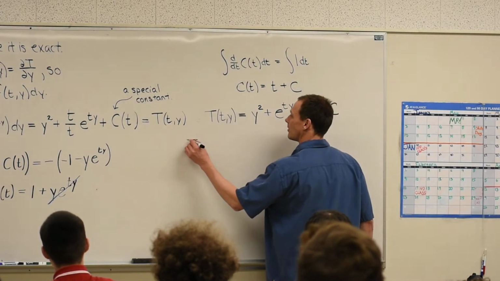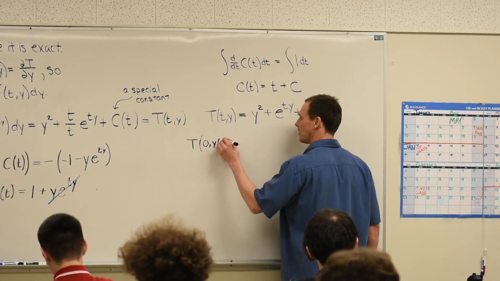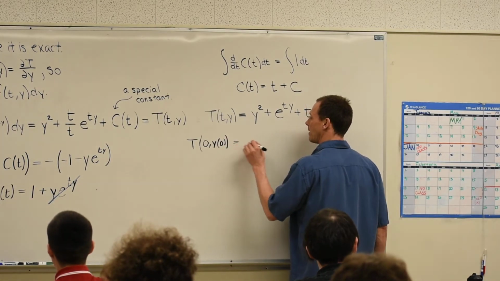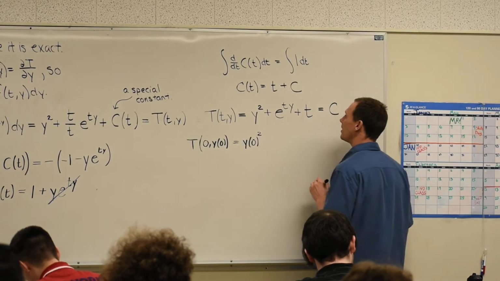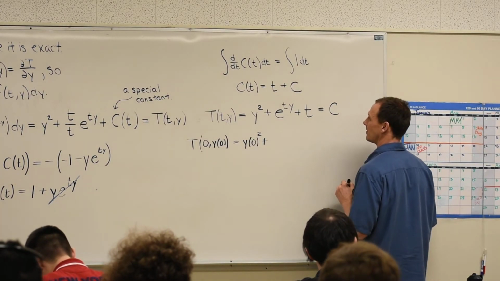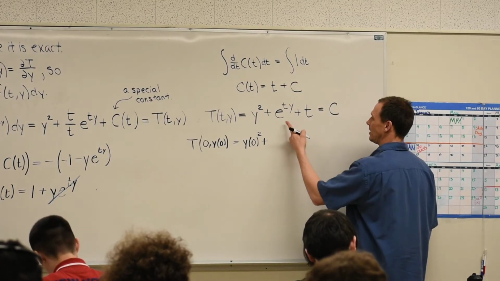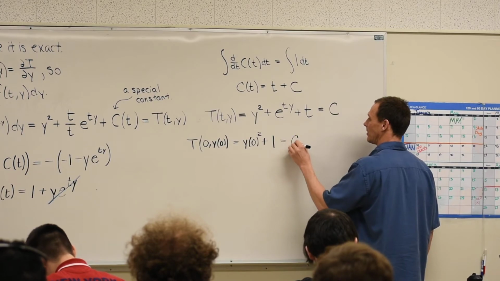It would represent your initial conditions. So if I find the function at t of 0, y of 0, I would have y of 0 squared plus e to the 0, that would be 1. That would be a 0 equals c.